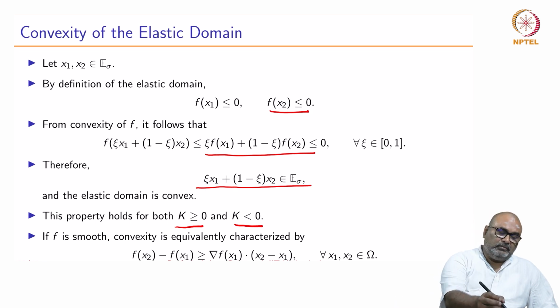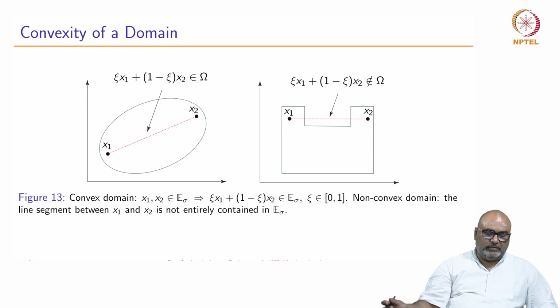So, that will mean the convexity. So, this is a convex domain: x1 and x2 belonging to E of sigma, and xi of x1 plus 1 minus xi of x2 also belongs to E of sigma.